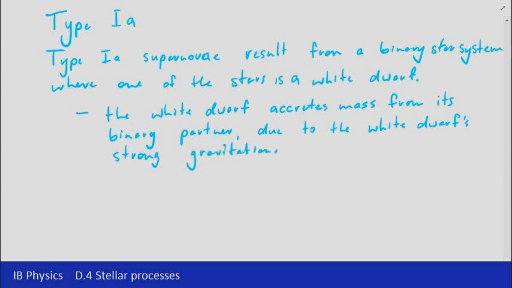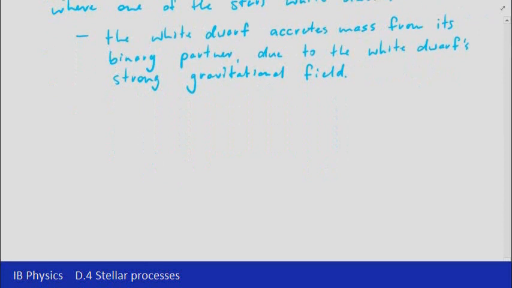So there's the first step. It's going to pull some of that mass into it from the other star, and ultimately that means that the white dwarf is going to get bigger. Now, if you cast your mind back, we talked about a limit to the size of white dwarfs.